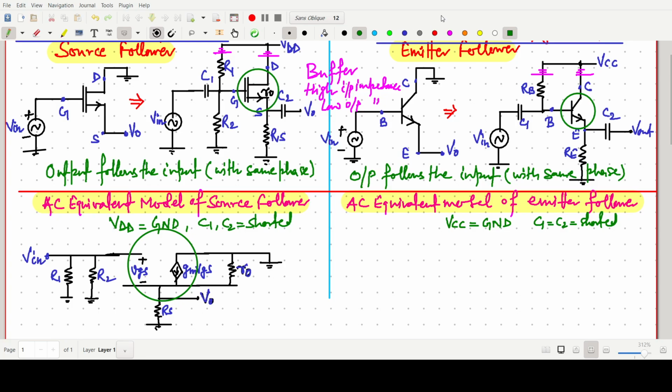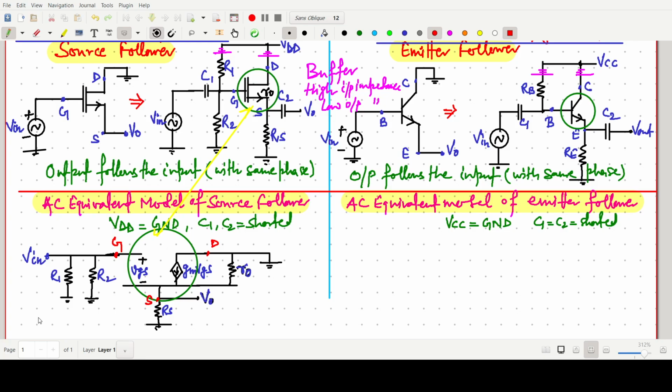So basically this portion is our transistor, and this gmVGS, everything is okay. Now RS is in, just because this side is our gate, drain, and this point we can say source.